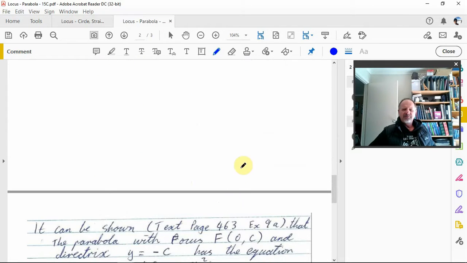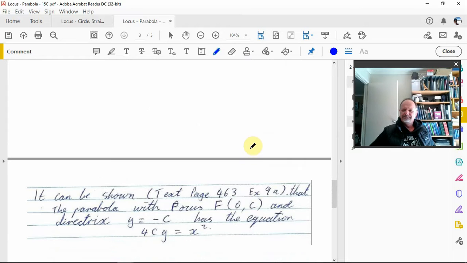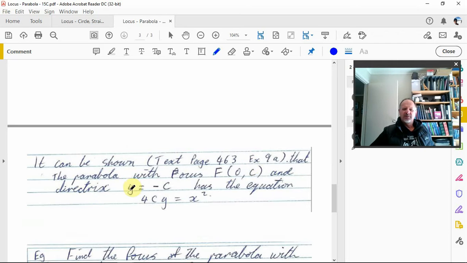If you have a parabola where the focus is at (0, c) and a directrix which is at y equals minus c, so this c is the same, otherwise it would be written as a different letter, then we can show that the equation is 4cy equals x squared.